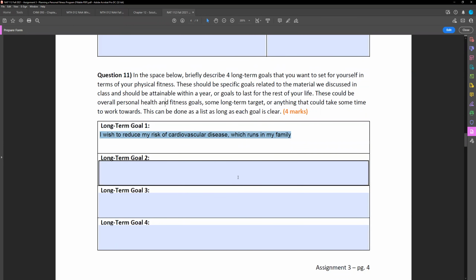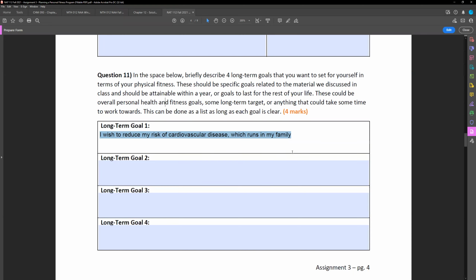So they can tie into those long-term goals, but it's to get you thinking about, why do I want to exercise? We've kind of been doing this each week when we talked about the health benefits, but here you're literally writing them as your goals. This is what I'm going to do with my fitness program.